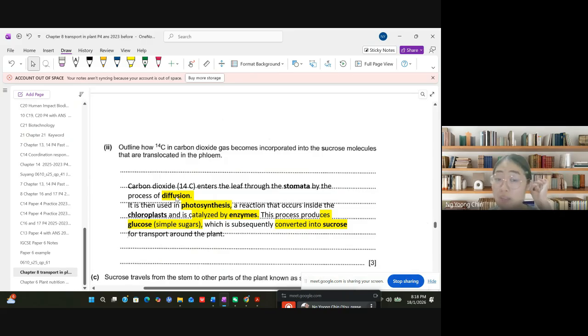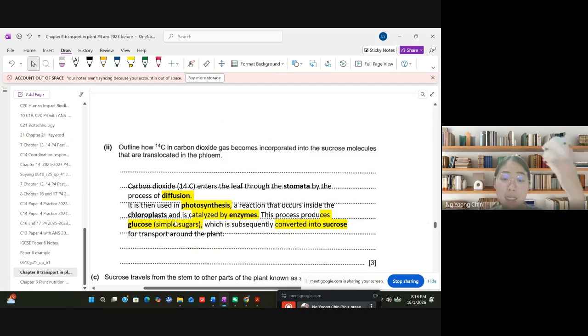Later the carbon dioxide will be taken up by the mesophyll cell, so it's being used in photosynthesis. Photosynthesis is a process in the chloroplast, catalyzed by enzymes, and it produces glucose. Glucose is C6H12O6.